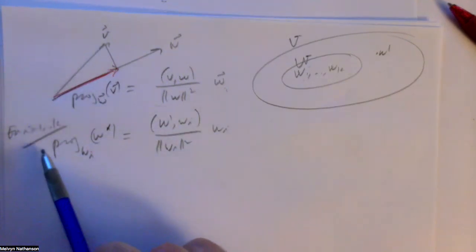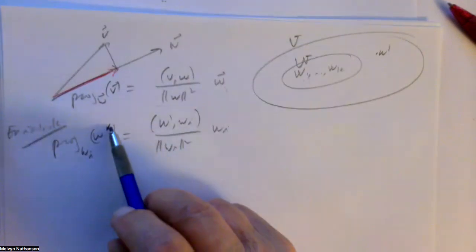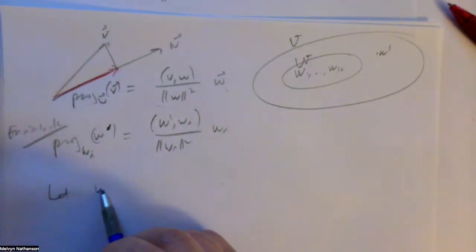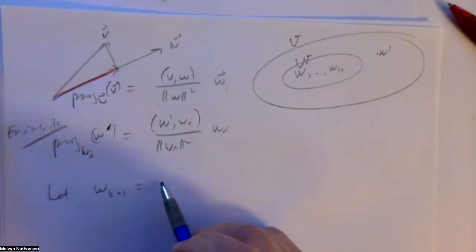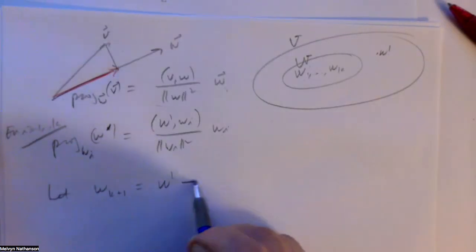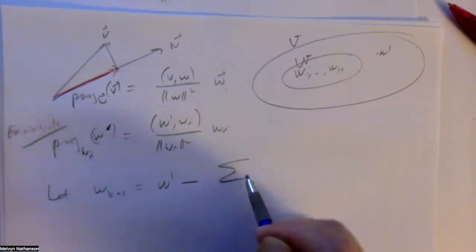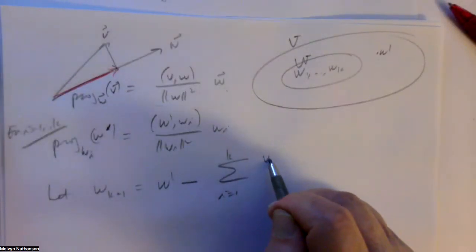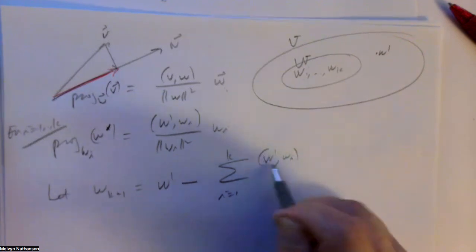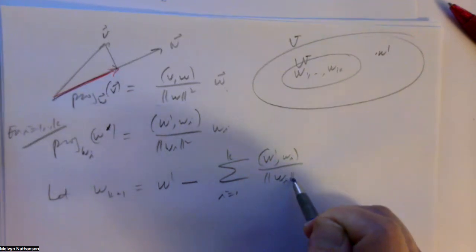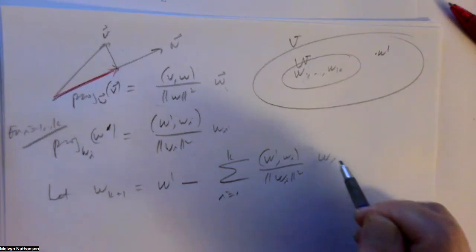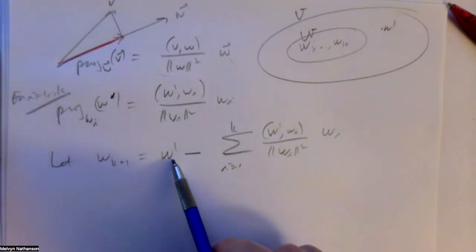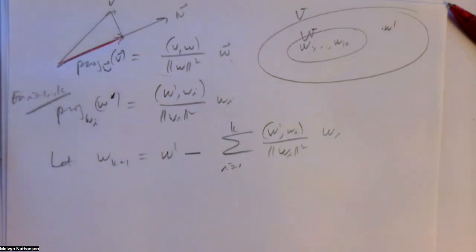So that's for each i the projection of the vector w prime in the direction of wi. And I want to define wk plus 1 to be w prime minus all of these different projections: the summation, i goes from 1 up to k, of the inner product of w prime and wi over the length of wi squared times wi. So from w prime, I construct a new vector wk plus 1.